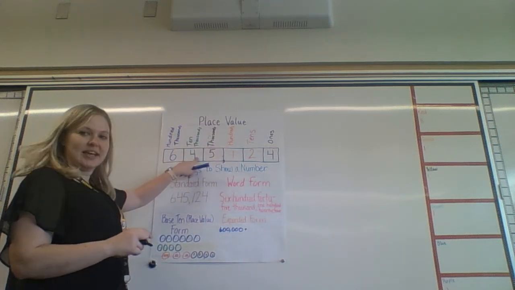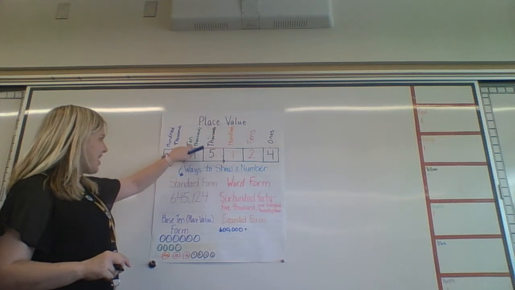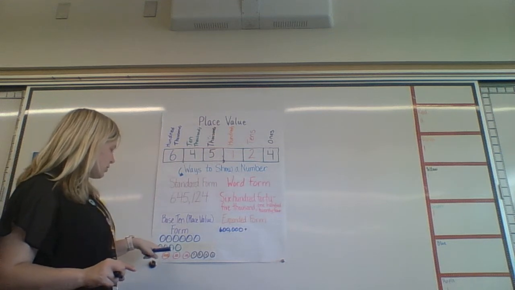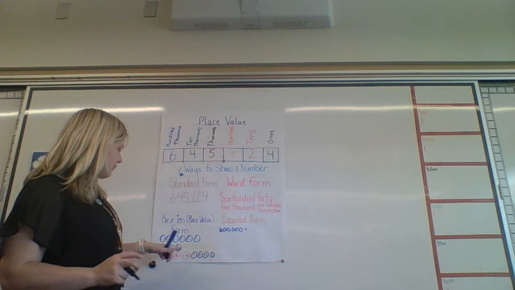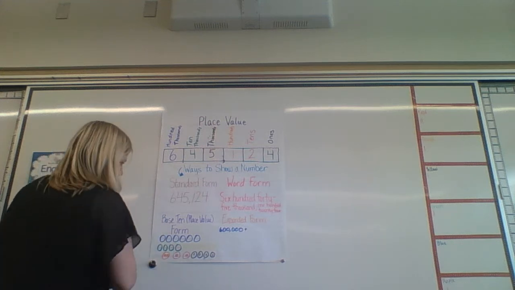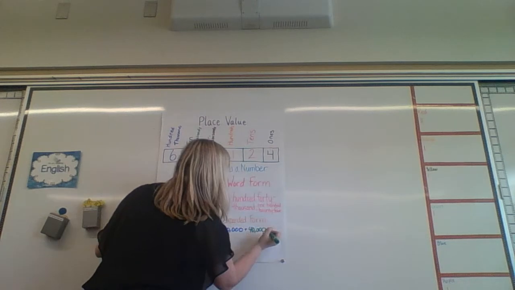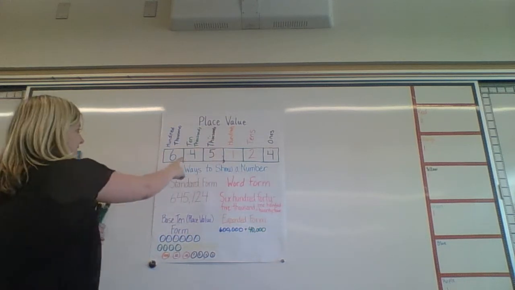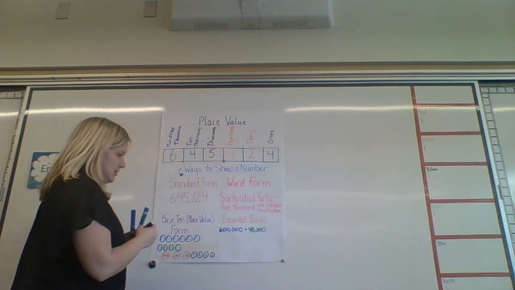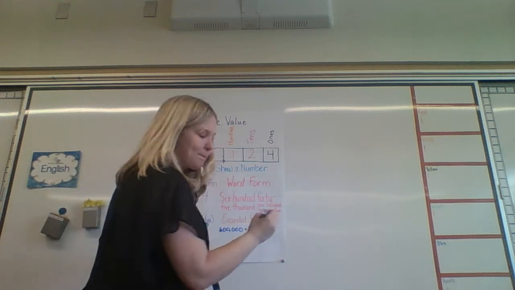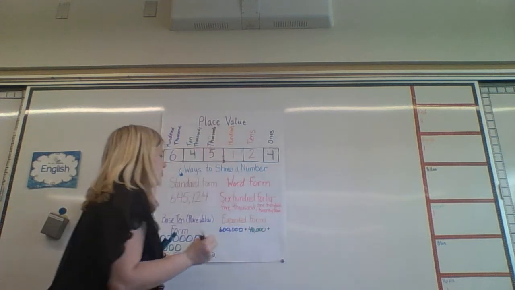Now I move over to my 10,000s. I have 4 groups of 10,000. 10,000, 20,000, 30,000, 40,000. After I put my 10,000s, now I move on to my thousands. I'm going to run out of space here, so I may have to move to the next line.